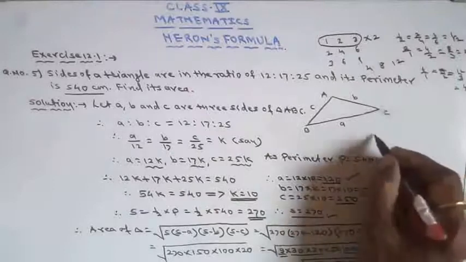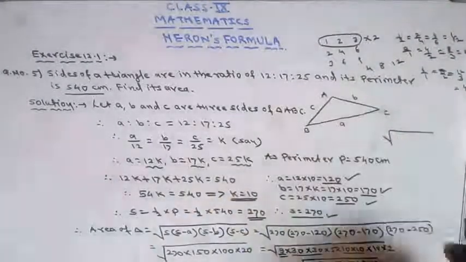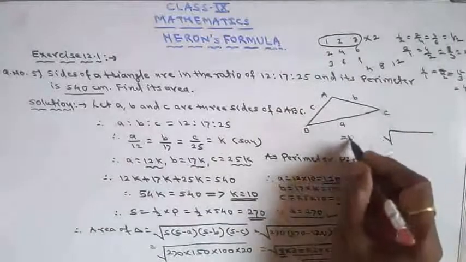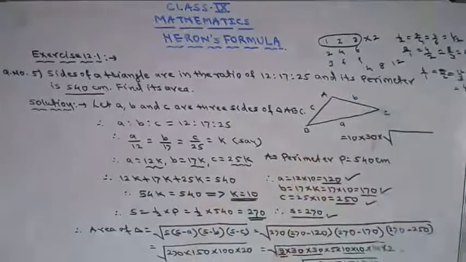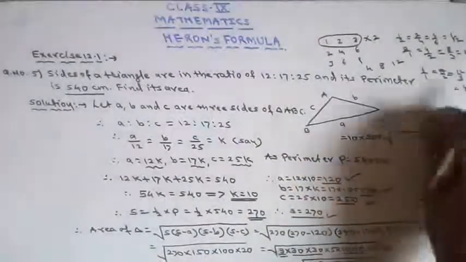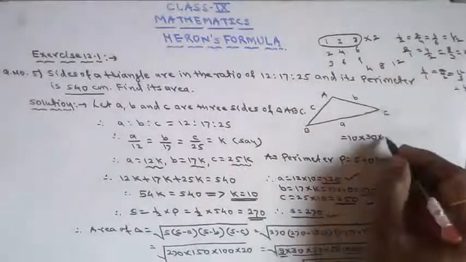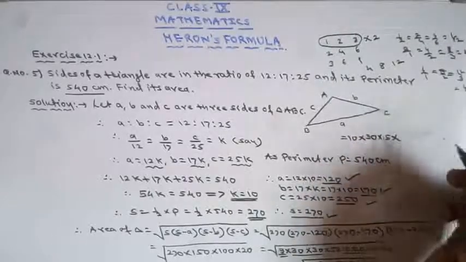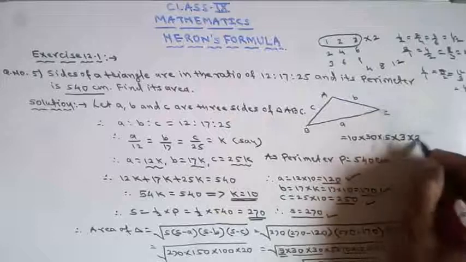Okay, so I am writing here, that is equals to, sorry, this is 10 into 30. Again see what can we take out of this square root. This 3 can be taken, 5 and 2 also, so into 5 into 3 into 2 also.